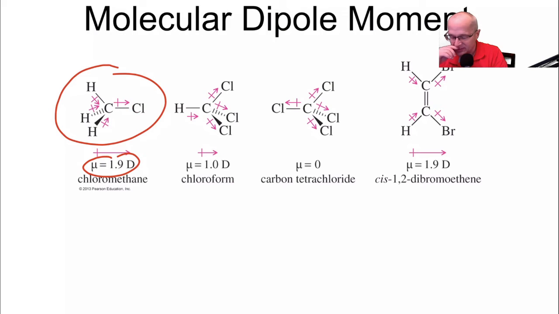Now notice the relative size of the arrows here. This arrow is large, and these arrows are getting progressively smaller. As you move away from the electronegative atom, the dipole arrows get smaller because the delta positives get smaller. The carbon is losing its electron density to chlorine. Chlorine is pulling it through the sigma bond in a process called induction.